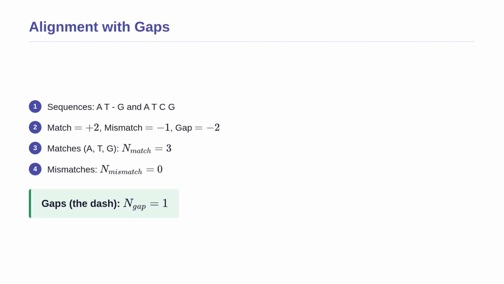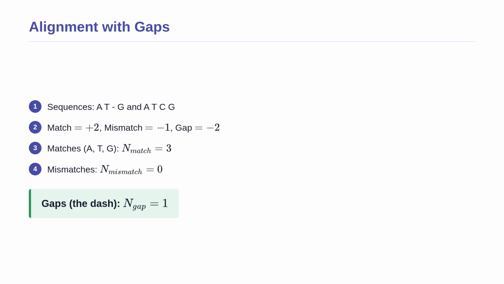Now let us look at a slightly more complex scenario involving gaps. We have 2 new sequences, AT-G and ATCG. We will use the exact same scoring system as before, +2 for a match, -1 for a mismatch, and -2 for a gap.